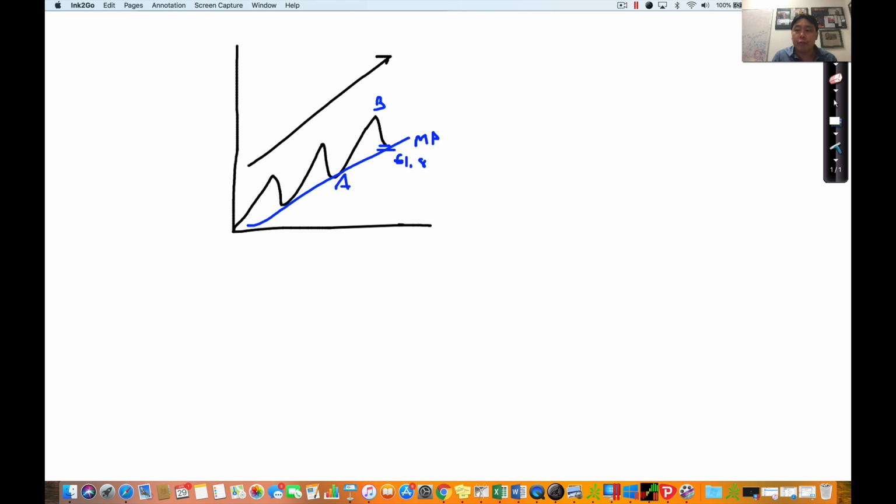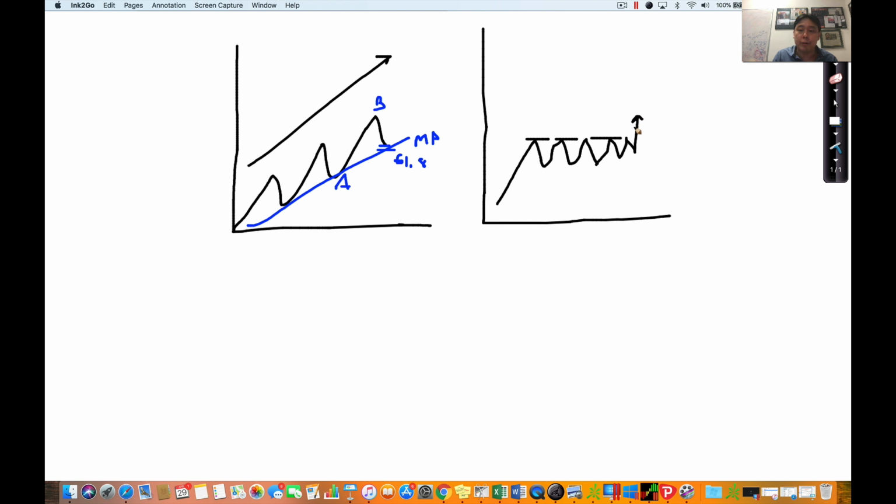The second way of entering is entering on a breakout. So which means that on an uptrend, it goes into some kind of a consolidation pattern. Okay, so there's some kind of a level of resistance like so, and you're waiting for a break of the resistance, and that's the best time to enter the pair before it starts a new uptrend.